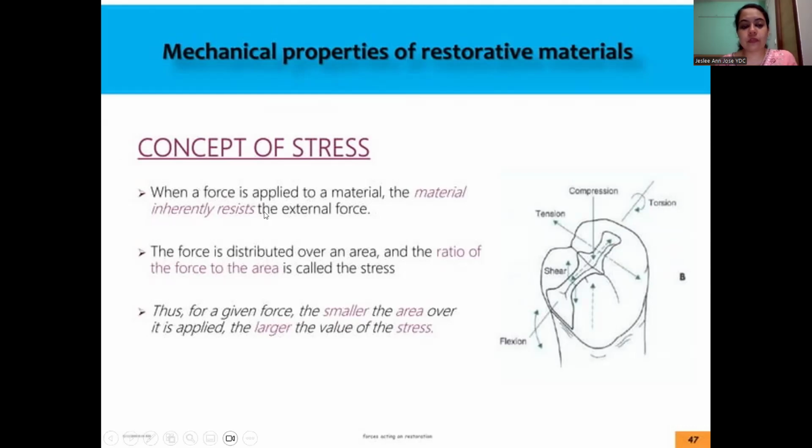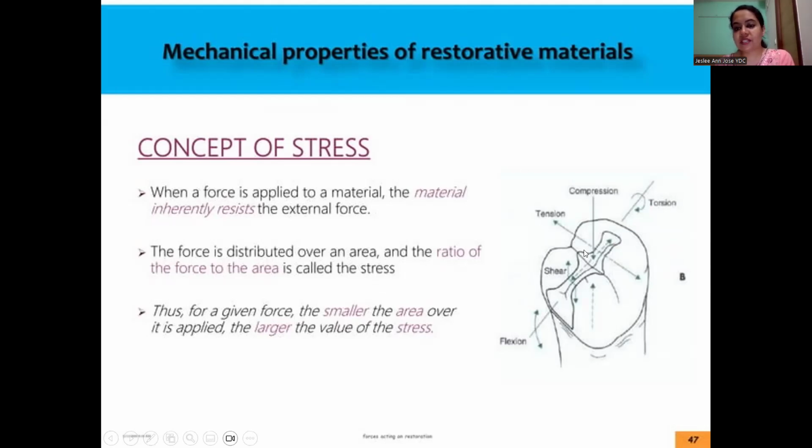Now, the force that is distributed over an area, and the ratio of the force to the area, is called stress. So you apply some force onto a surface. Smaller the area, larger will be the value of the stress. The same force, if you apply onto a larger area, the stress in turn will be reduced.